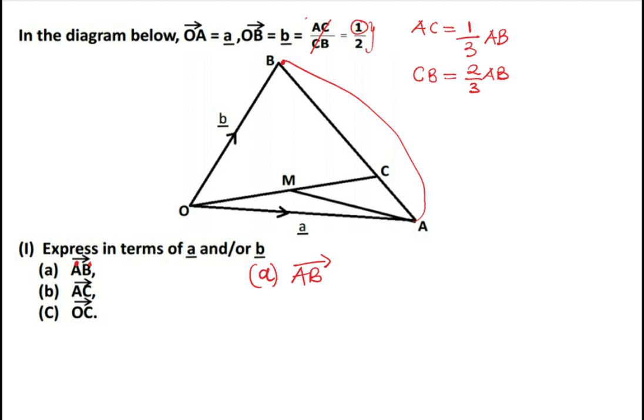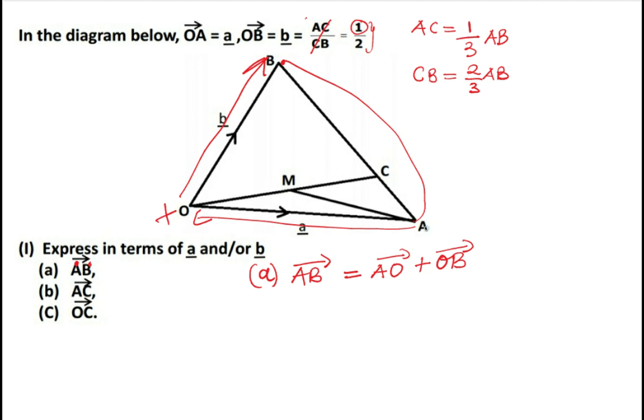We want to take only 2 steps from A to reach B, and there's only one way. We are adding AO and OB.